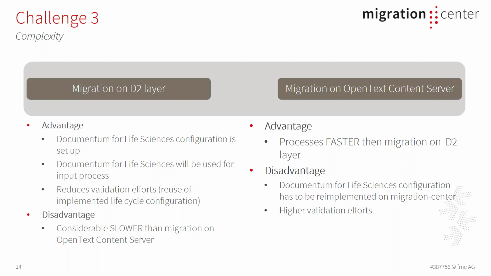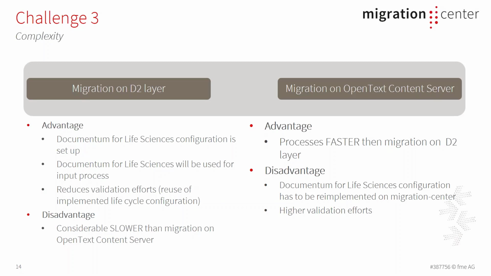If we use the predefined Documentum for Life Sciences configuration, it's set up just like that. We can migrate through that, and it will also be used for the input process. It will reduce the validation effort because Documentum for Life Sciences is validated as a tool for validated environments. The disadvantage would be just one: it is pretty much slower than the migration on the OpenText content server.